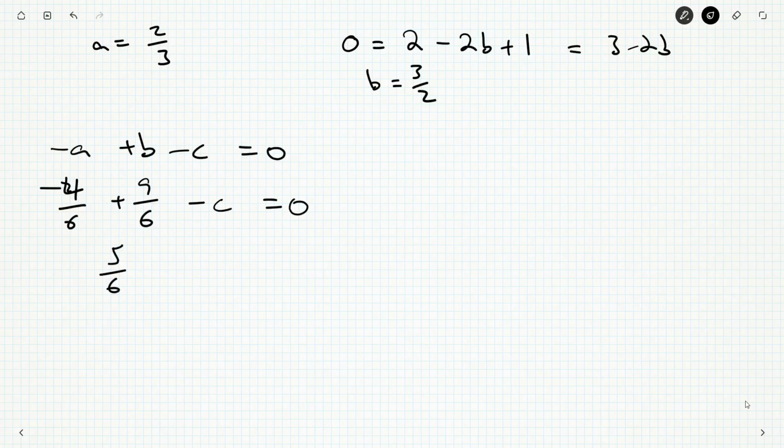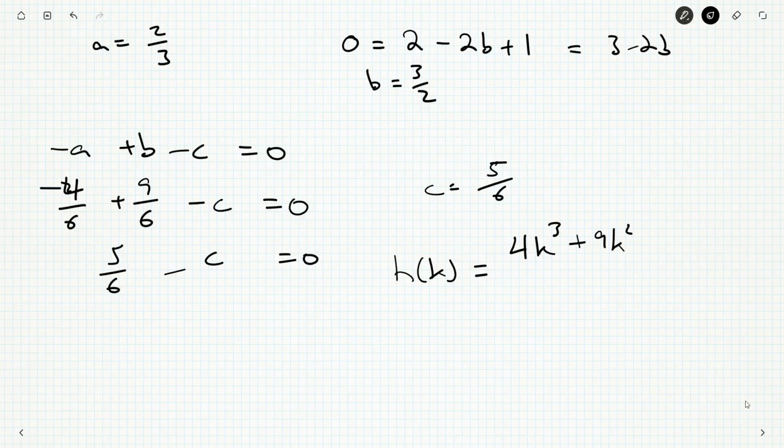So that's 5/6 minus c is equal to 0. C is 5/6. And so h of k should be 4k cubed plus 9k squared plus 5k all over 6, and then plus the d value.